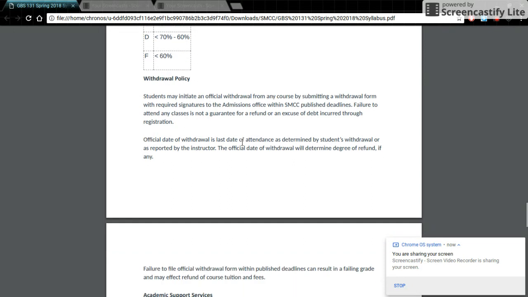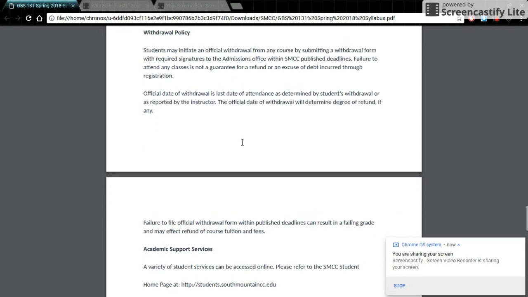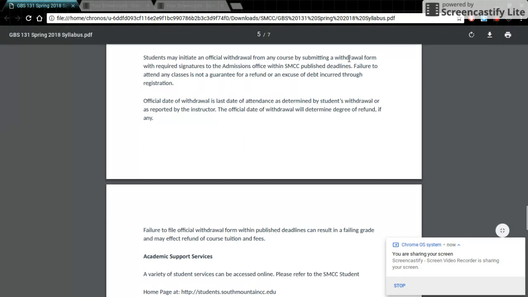So let's look at the withdrawal policy. Students may initiate an official withdrawal from any course by submitting a withdrawal form with required signatures to the admissions office within South Mountain Community College's published deadlines. Failure to attend any class is not a guarantee for a refund or an excuse of debt incurred through registration.